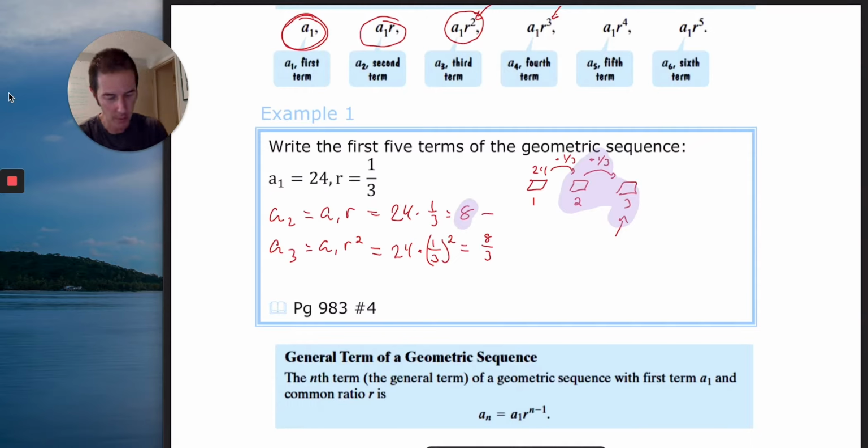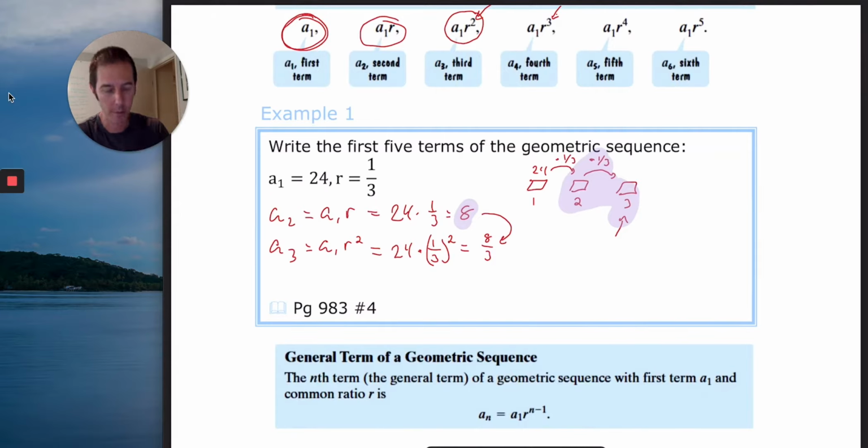And look at this. If I take the 8 and I multiply it by 1/3, that's an arrow, believe it or not, and multiply it by 1/3 one more time, I get from the 8 to the 8/3.